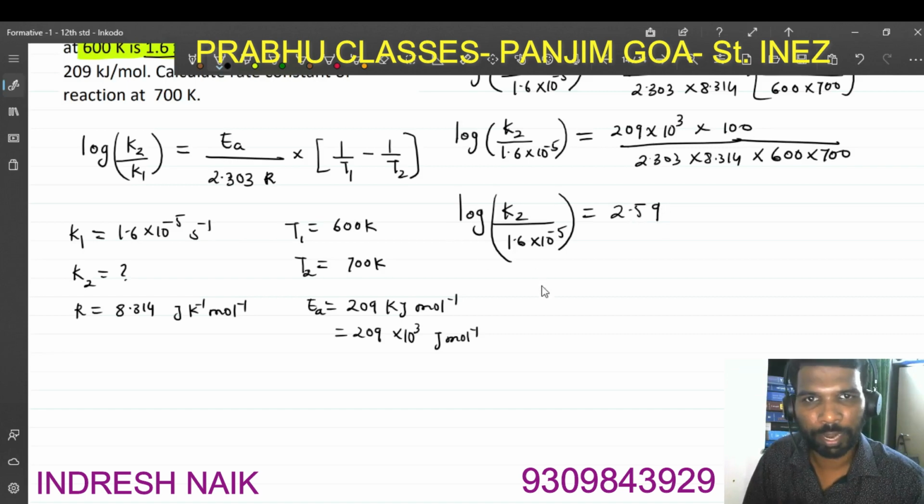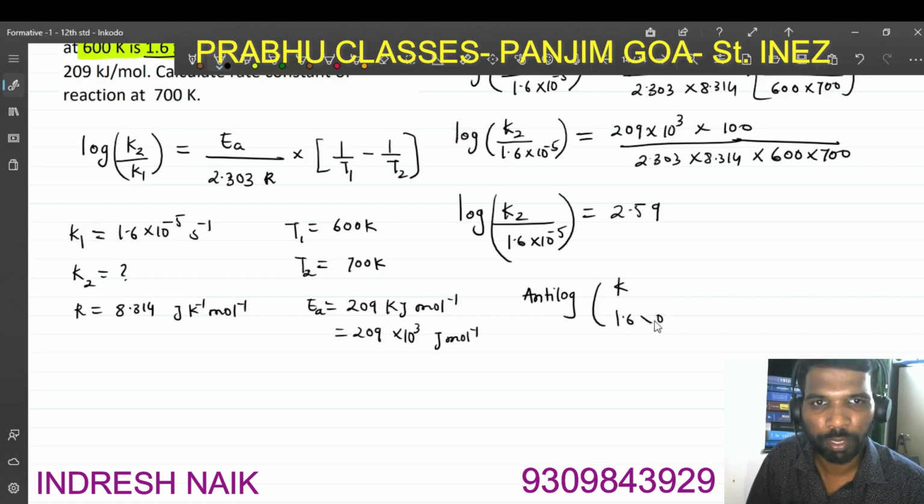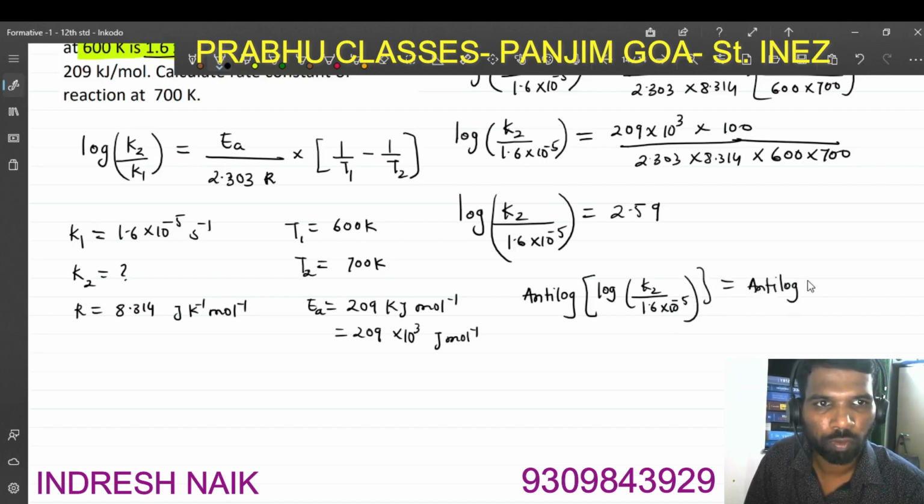So if we take antilog on both sides, antilog of log of K2 upon 1.6 into 10 raised to minus 5 is equal to antilog of 2.59.